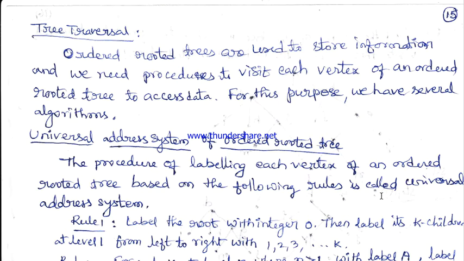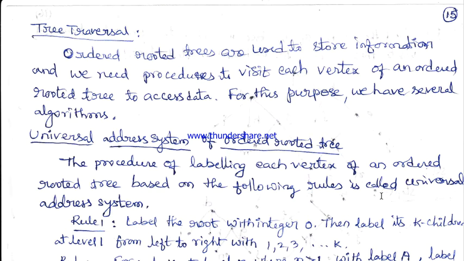The ordered rooted trees must be labeled using the universal address system before they are used to store information in the database. So let us see what is the universal address system.